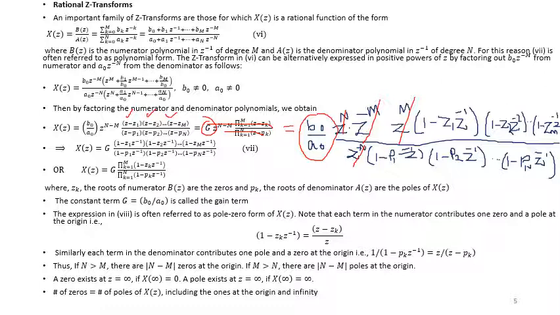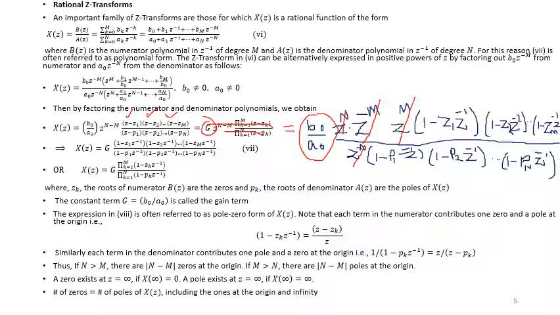So we can write it in general form, because they are multiplied. In the product form we can write G, product k running from 1 up to m, (1 minus zk z inverse), and again here product k running from 1 up to n, (1 minus pk z inverse), right?